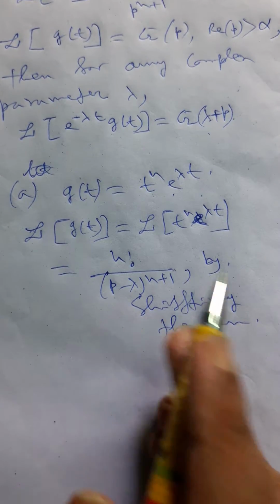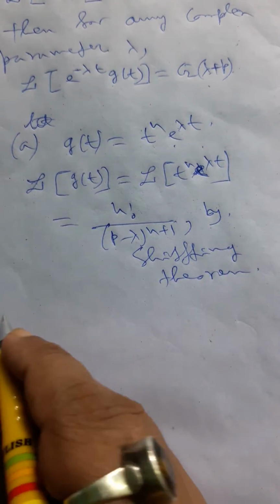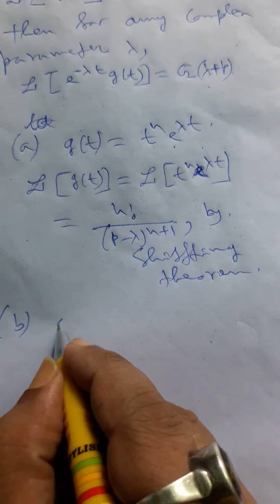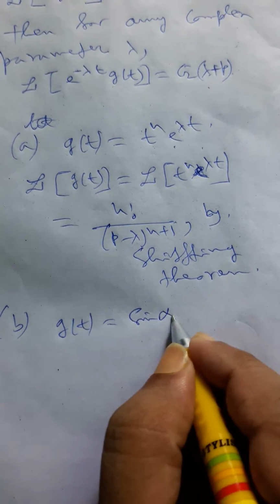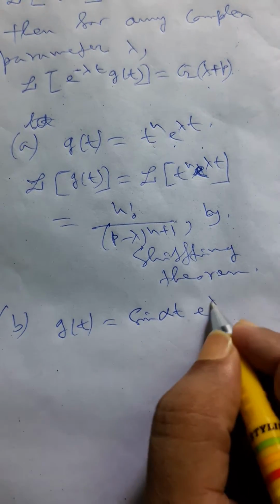Now we take another kind of example. If g(t) is sine of alpha t times e to the power lambda t, what happens there? So L of g(t) is similarly the Laplace transform of sine of alpha t e to the power lambda t.